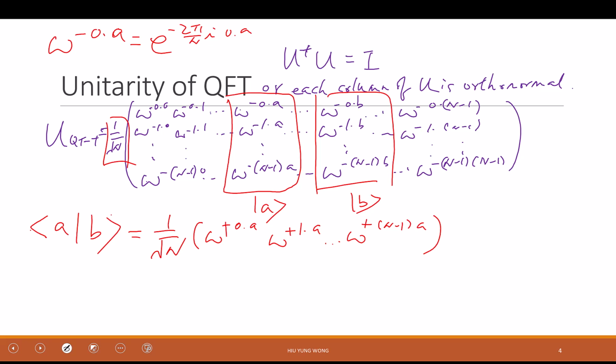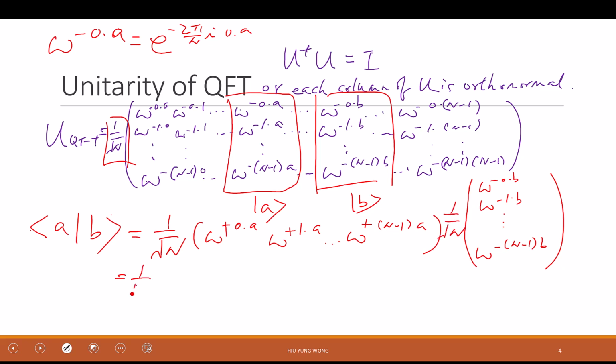Make sense? And then similarly, I'm going to apply this to the bth column. This one, I'm not going to do conjugation. And then you multiply them. What do you get? And I forgot 1 over square root n also.